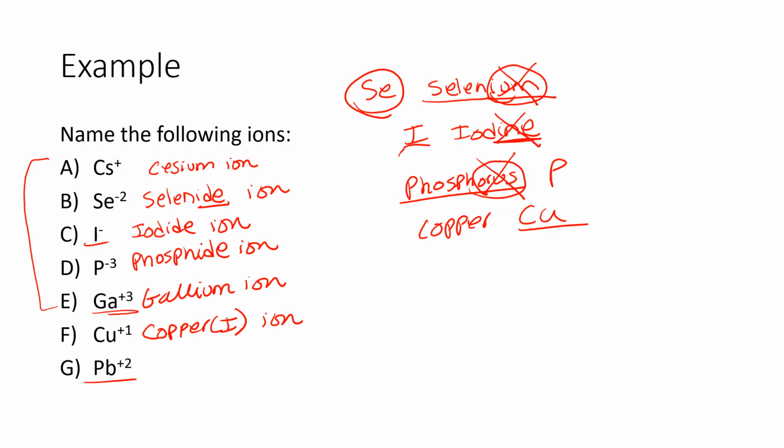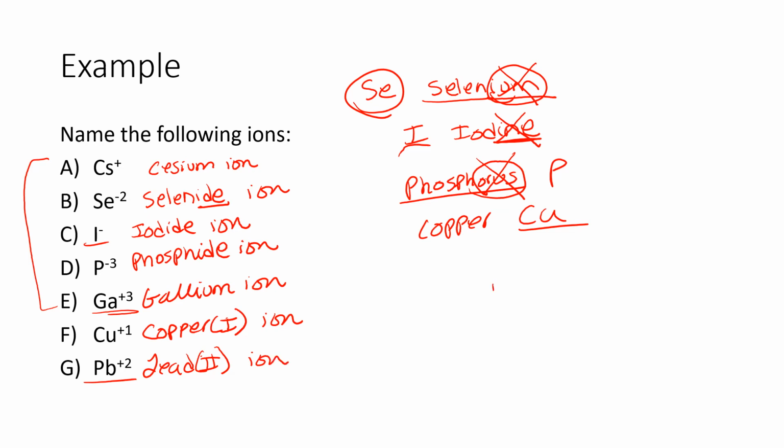Yeah, I know. Chemistry is like, there's always exceptions, right? So when you do lead, here you need to do lead, no space, Roman numeral II, space, ion. Okay, you see how that works?